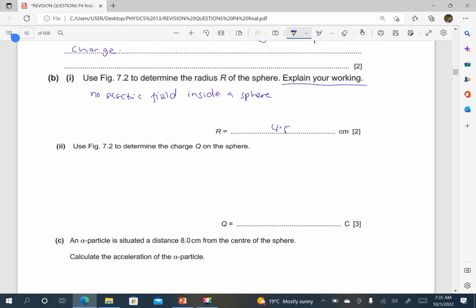Use the figure to determine the charge on the sphere. Now that we know the radius, and we know that electric field strength is equal to Q divided by 4 pi epsilon naught x squared, or r squared, we shall now know that Q is going to be E times 4 pi epsilon naught x squared.